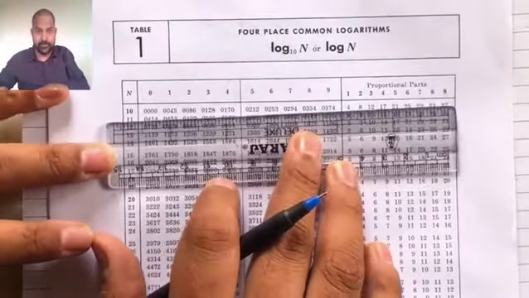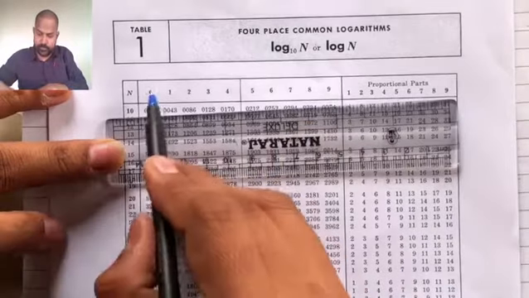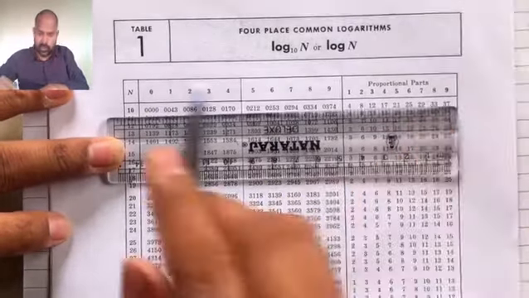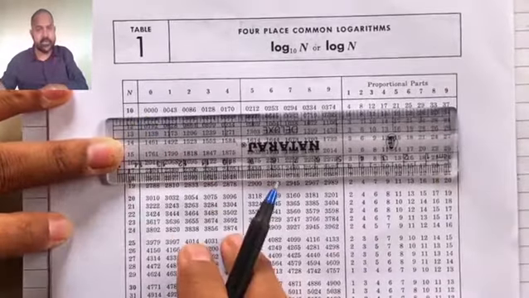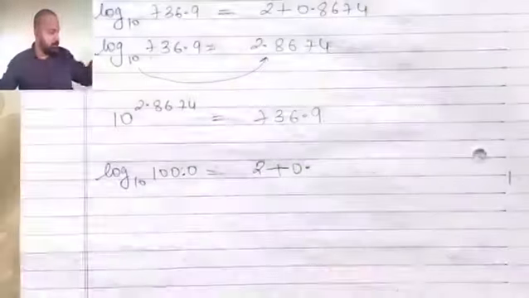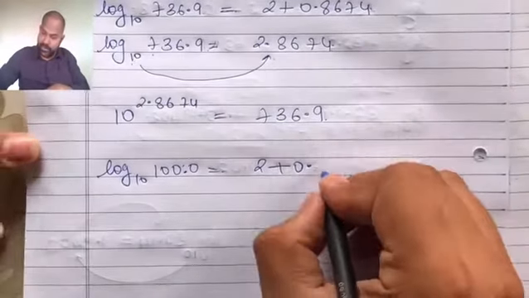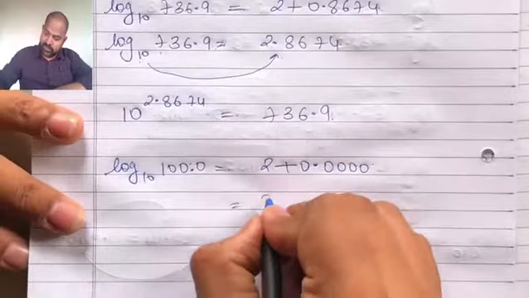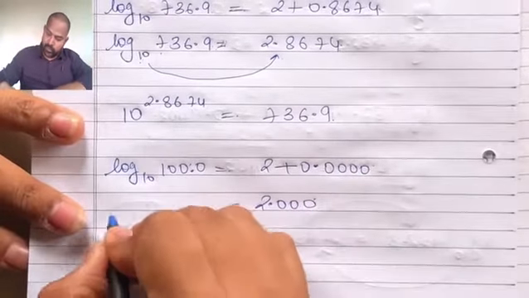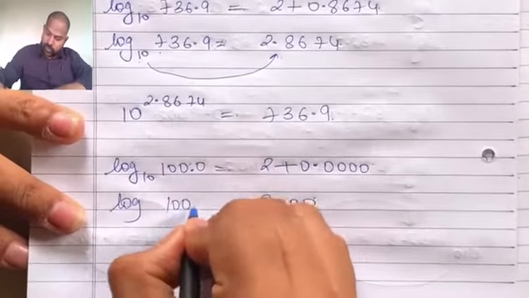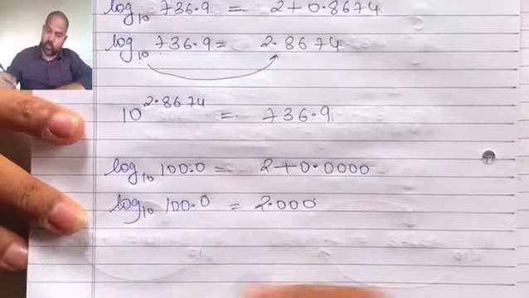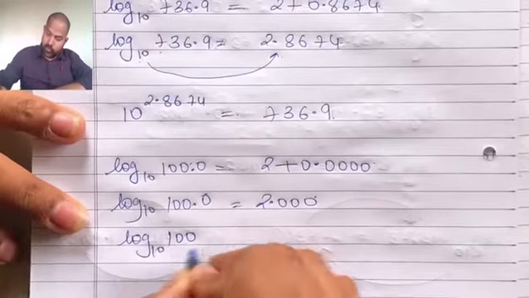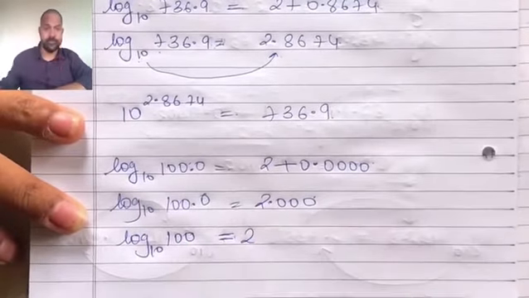So 10, 0, and then because it's 0, there is no further bifurcation. So 10, 0 is basically 0, 0, 0. Then the mantissa is going to be 0.000. So my answer is 2.000. So the log of 100.0 to the base 10 is 2.000, or in other words, the log of 100 to the base 10 is 2.